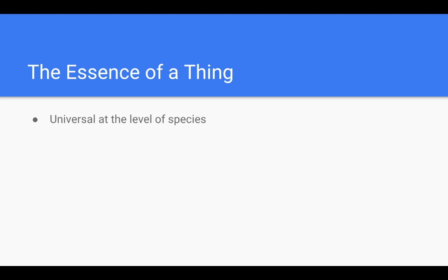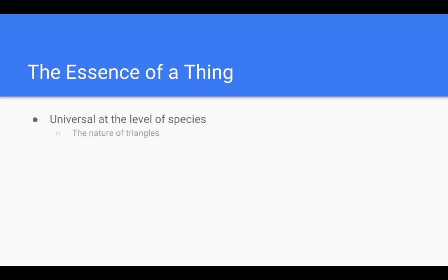So the essence of a thing, or the nature of a particular thing, is a universal, meaning when we talk about a particular thing, we might use the analogy of taxonomy, where we're talking about the categorization of living things in a hierarchical structure, which ultimately drills down to the species.